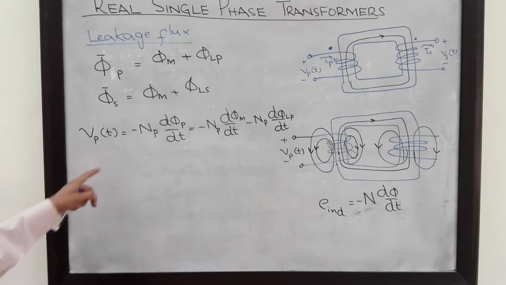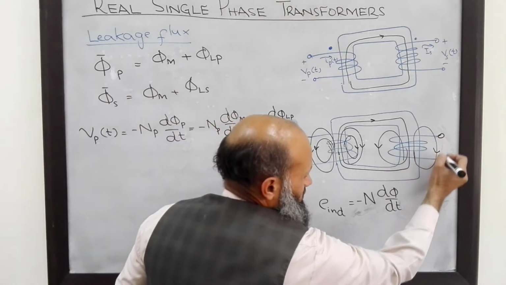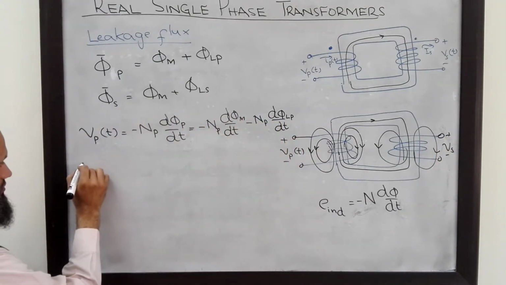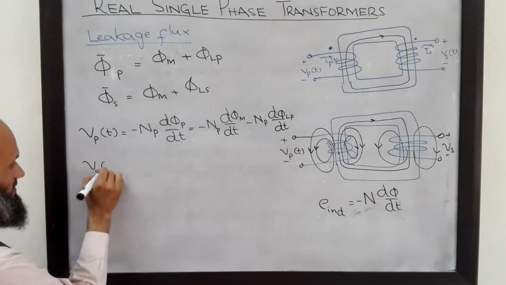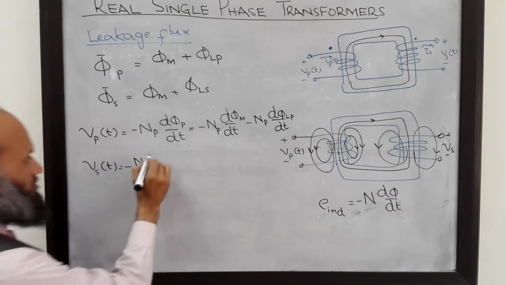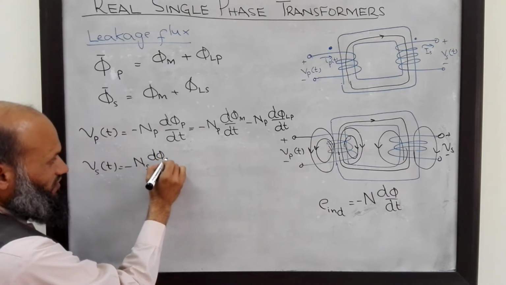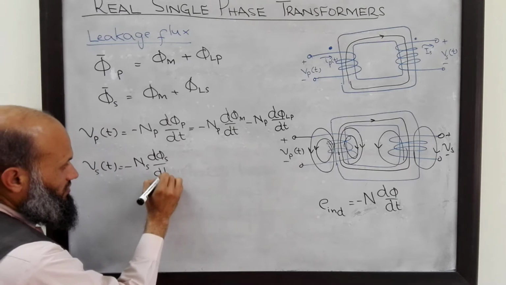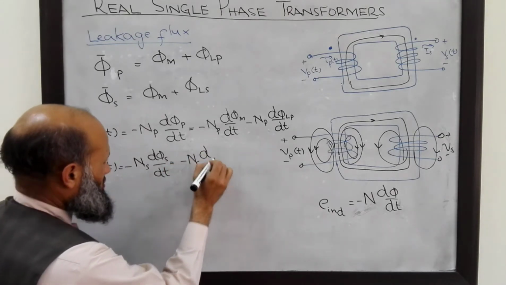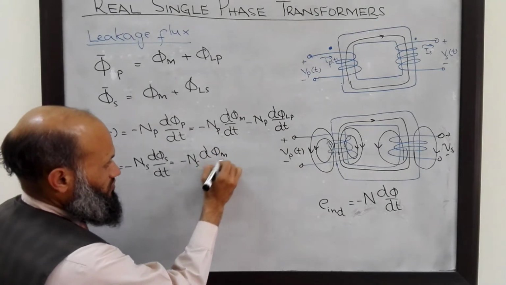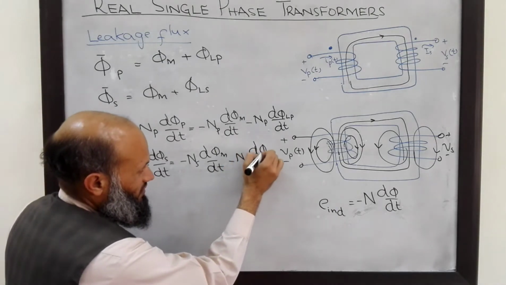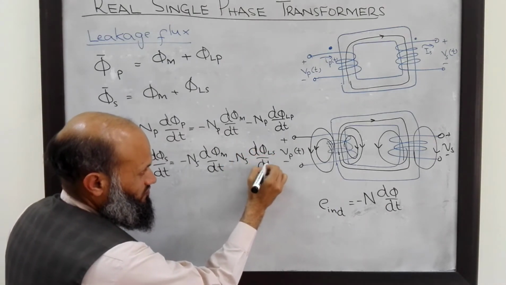Similarly, the voltage on the secondary side, this voltage Vs, is also related by this relation: Vs(t) equals the number of turns on the secondary side multiplied by the rate of change of flux linking with the secondary coil, and that is equal to Ns dφm/dt minus Ns dφLs/dt.